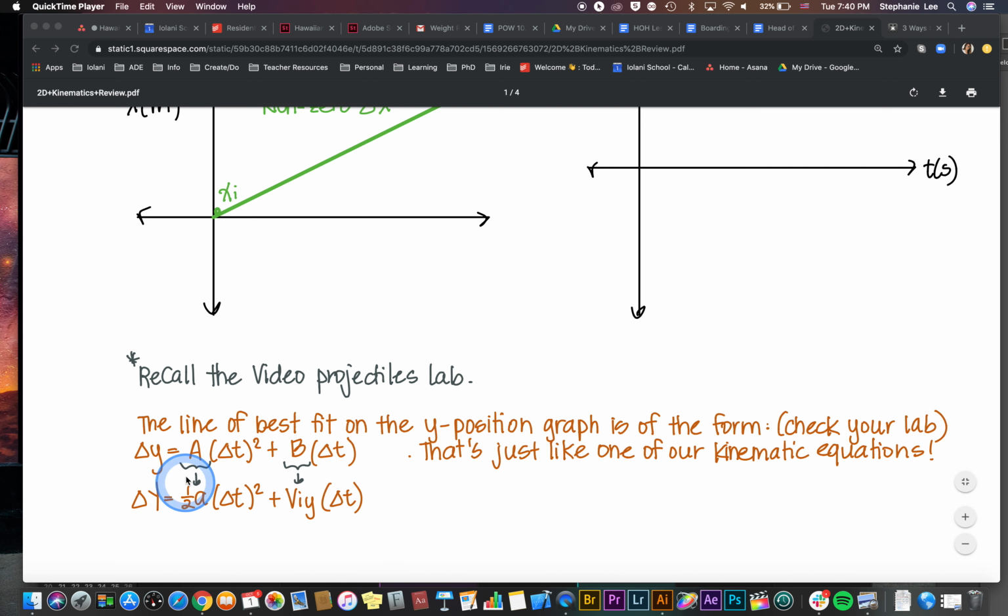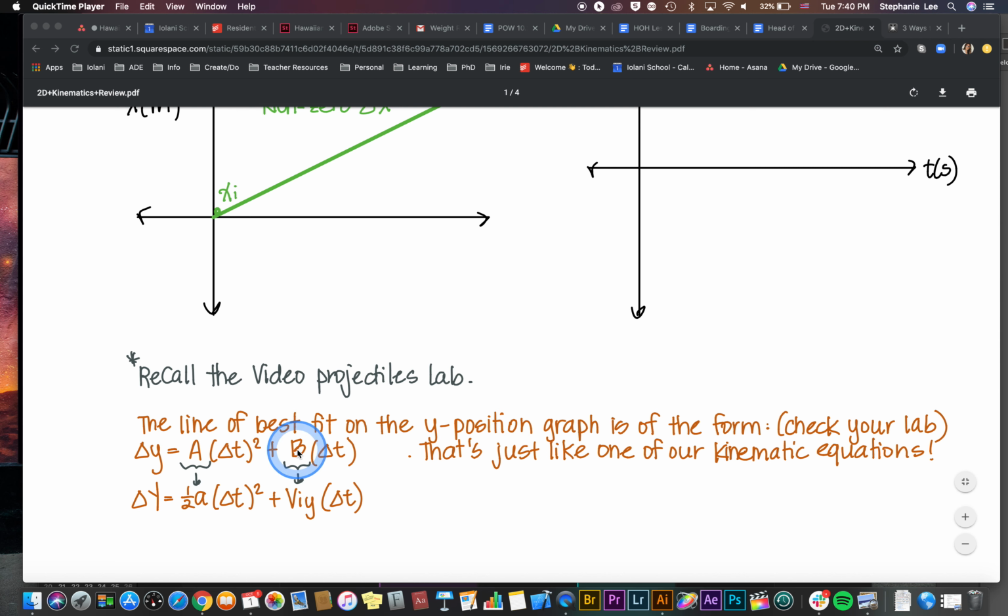What that means for us is that the coefficient a should be represented by 1/2 vertical acceleration, or 1/2 of 9.8. So everyone should have had the same capital A coefficient of about 4.9. And whether you made up positive or down positive would depend on whether that's negative.